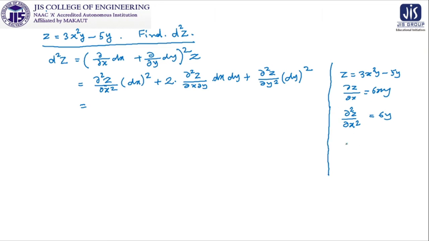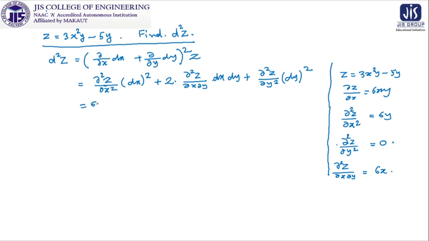All these will be calculated in the similar manner: del 2 z del y2 will be 0, and del 2 z del x del y will be 6x. Look at this, del z del x is 6xy. Now if you differentiate it with respect to y, it will be del 2 z del x del y, and you will get 6x. So all this information is now available for us. Our job is just to substitute the values.